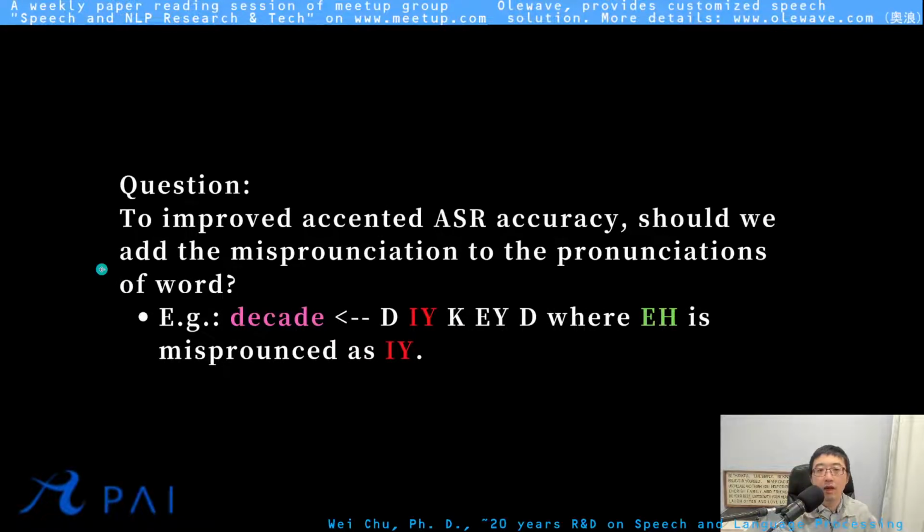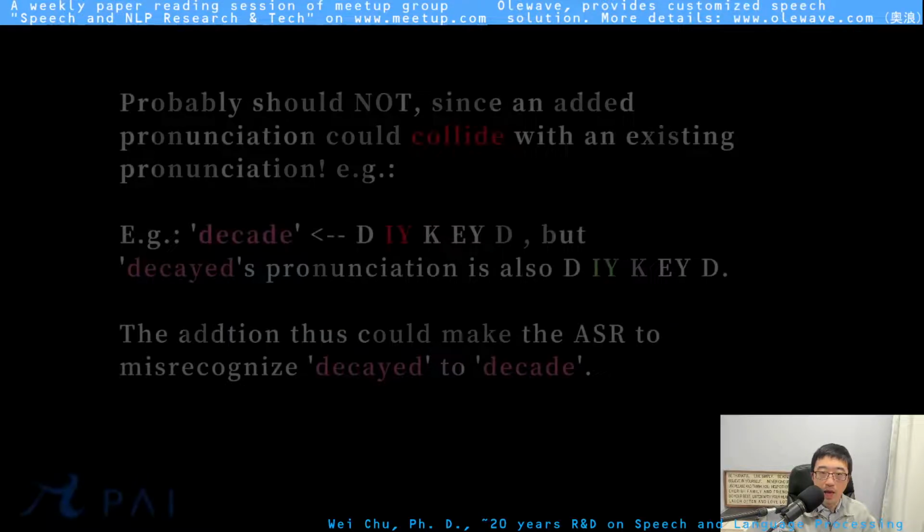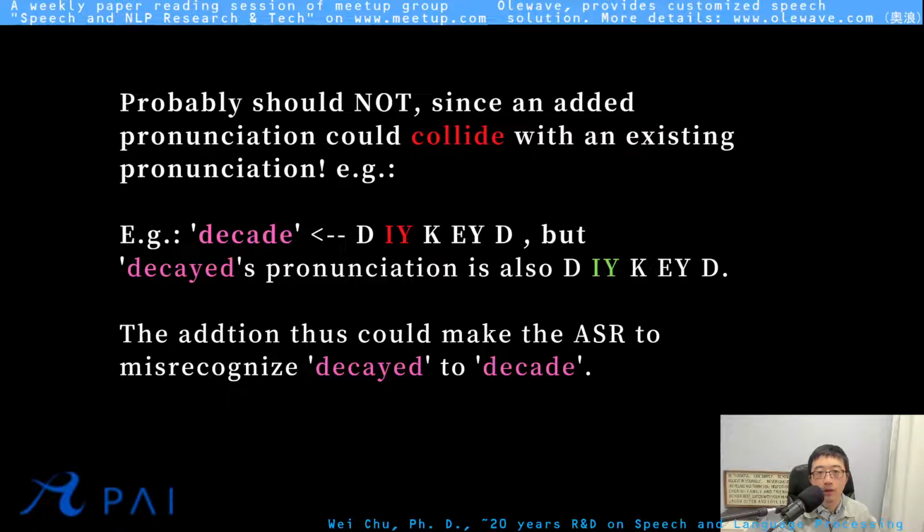So let's look at the previous example again. Suppose you have the word decade, but I pronounce the word wrongly. I pronounce it as a decade. Okay, the mispronunciation happens. Well, maybe in the past people said, okay, I detect this mispronunciation, I should add that into the dictionary.